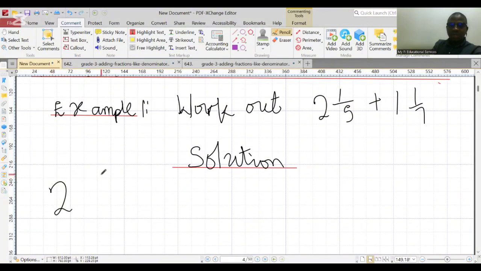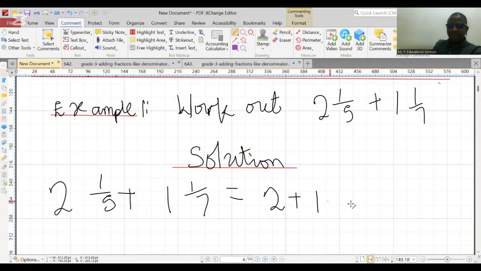I have 2 whole number 1 out of 5 plus 1 whole number 1 out of 7. The first thing I'm going to do is add the whole numbers. That is 2 plus 1. Then simplify the fraction. The LCM of 5 and 7 is 35.